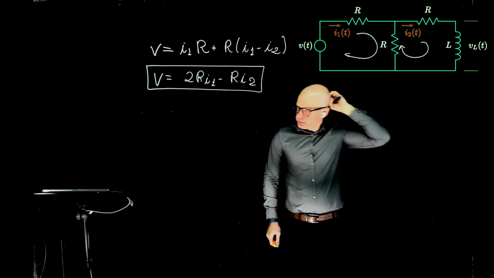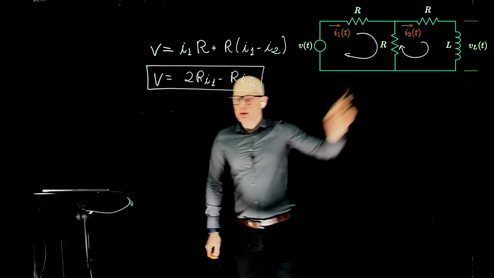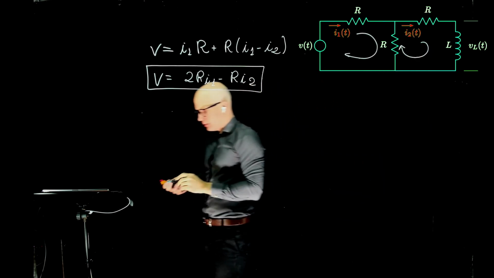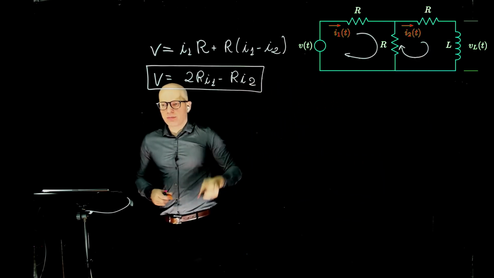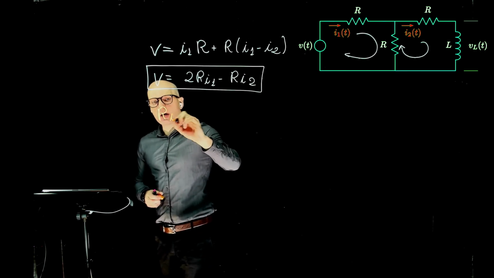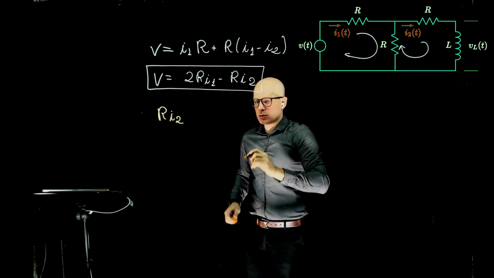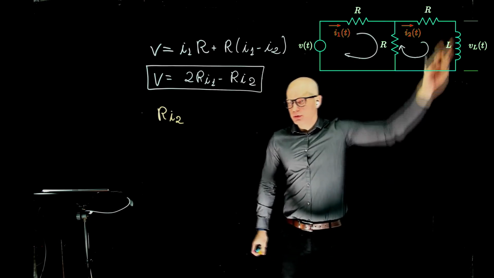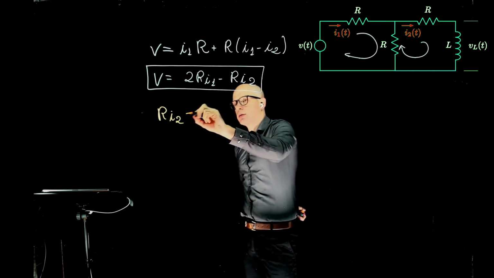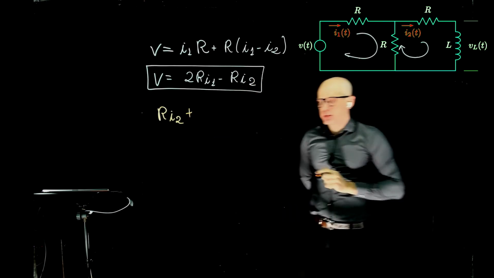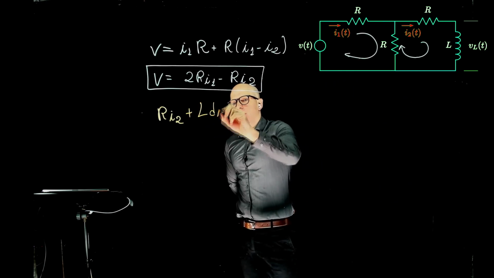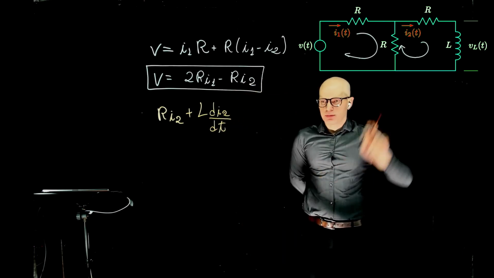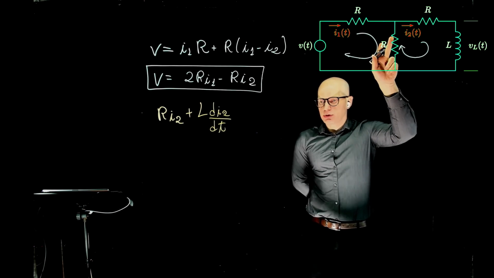Second one here. Let's start with this top capacitor, resistor there. We have R times I2, plus the voltage drop across L, which is L times di2/dt, and plus the voltage drop across here.